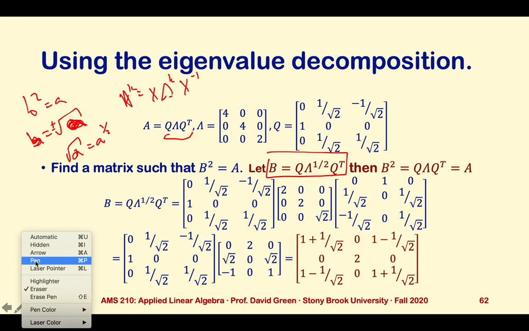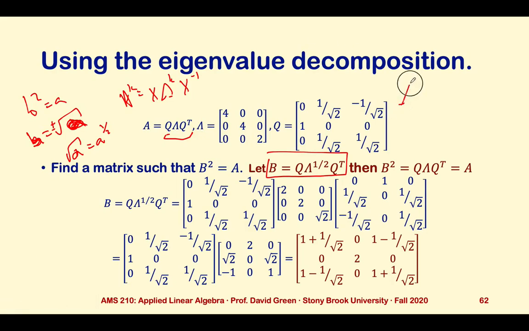We can think about constructing our matrix lambda to the half as the matrix where we take each element and take its square root. We have all positive numbers here, so this is a fine thing for us to do.